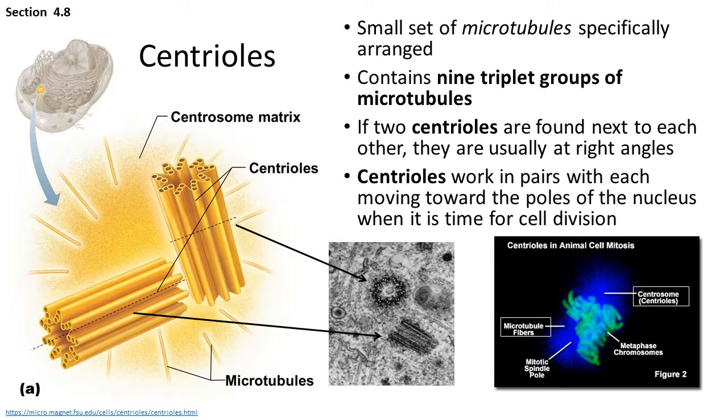When 2 centrioles are found next to each other within a cell, they are found at right angles. For example, here, if we wanted to make a cross section through here, they are found perpendicular to each other. Centrioles work in pairs, with each moving toward the poles of the nucleus when it is time for cell division.